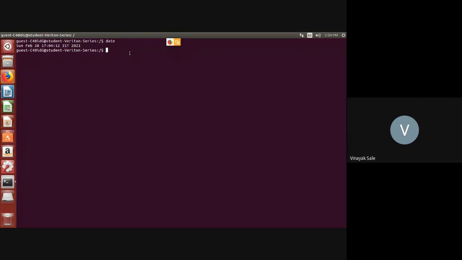If you type the command cal, it shows the present month's calendar, and in that it shows the present date.